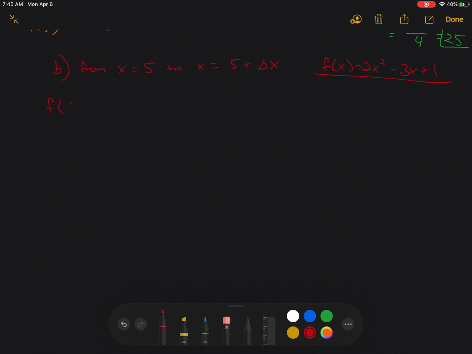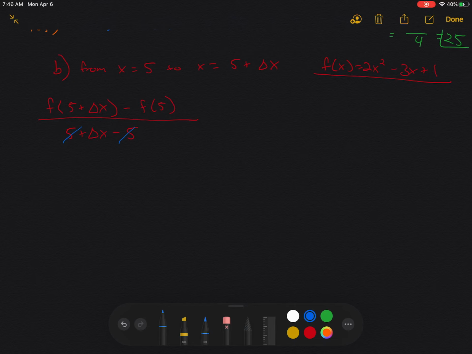So we're going to have our f of 5 plus delta x minus f of 5 all over 5 plus delta x minus 5. Okay, well, just from looking at that to start, you can cancel those out.